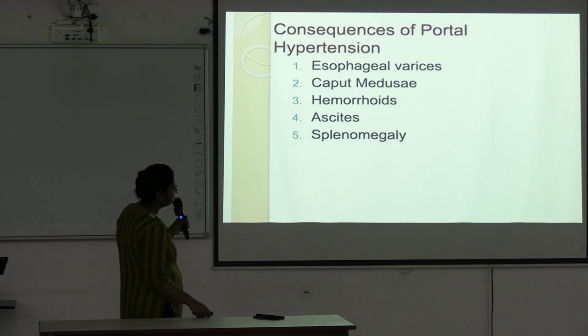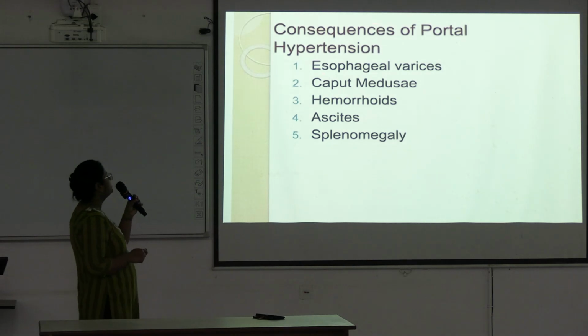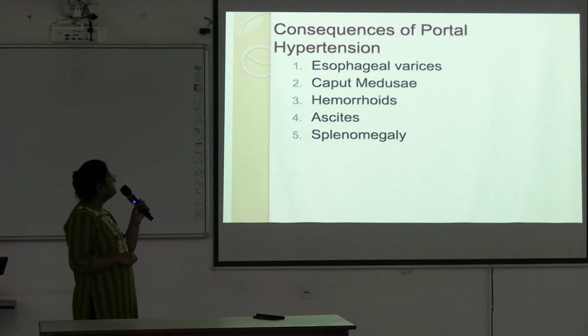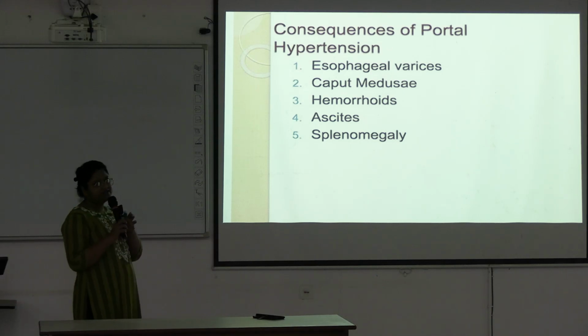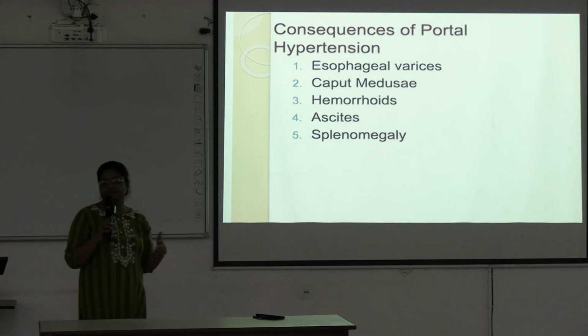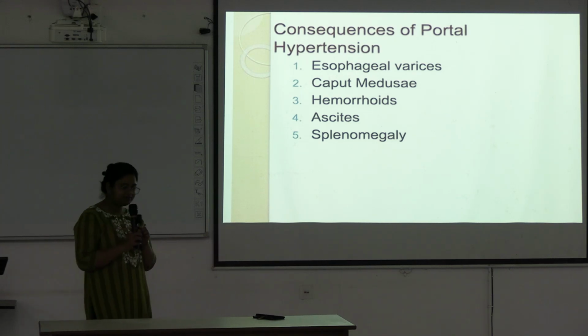Okay, next. So what are the consequences of portal hypertension? These are important. Esophageal varices. If these varices rupture, there will be hematemesis, blood vomiting. The patient will vomit fresh blood in esophageal varices.